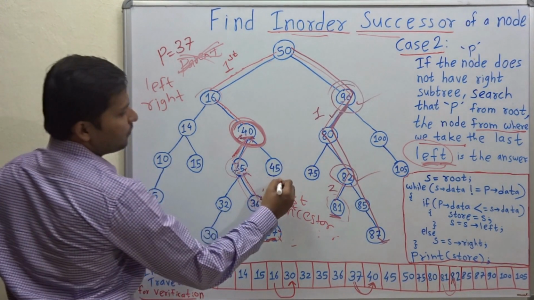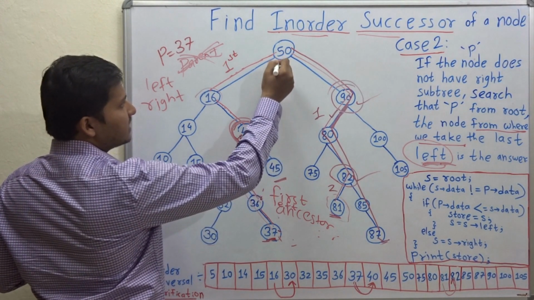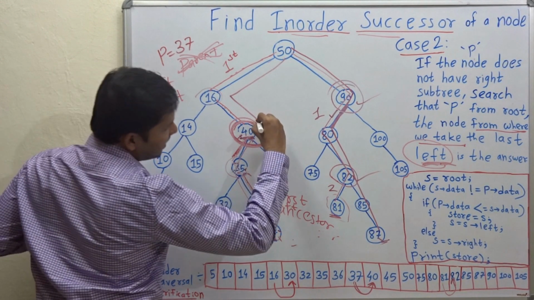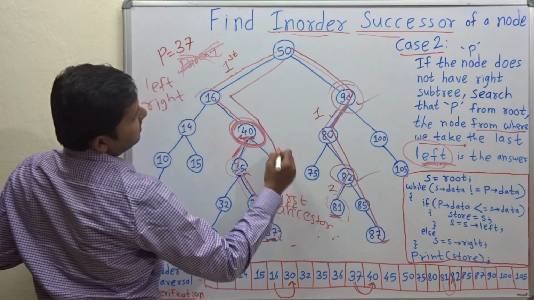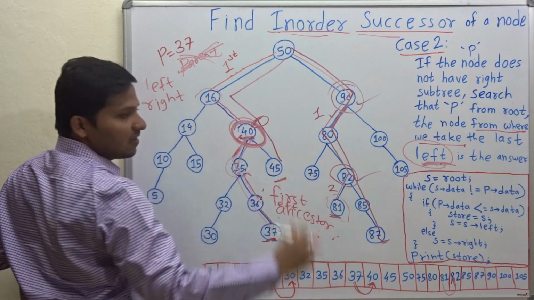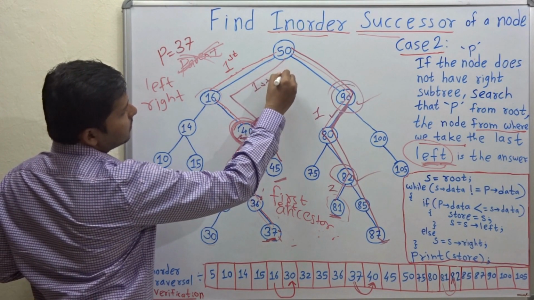Let's take it for 45. 45 is less than 50, greater than 16, and greater than 40. What is the last left? This is the first left.